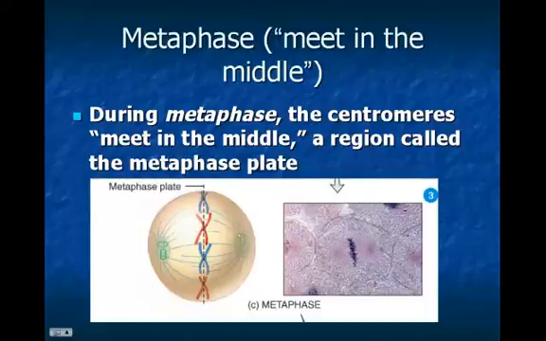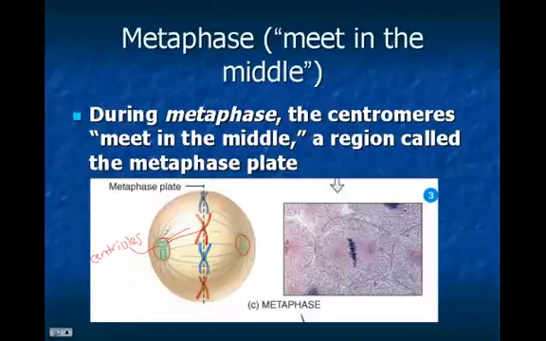The spindle apparatus is where these structures here are what we call our centrioles, for those of you that might remember some of this. Out of these centrioles, we're going to produce these microtubules. Remember, microtubules are important in cell division.